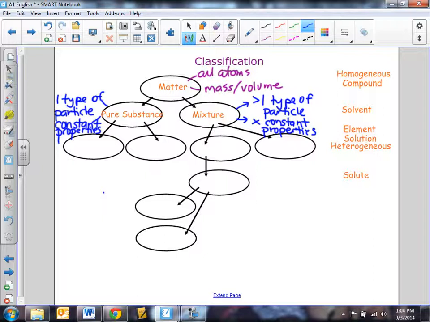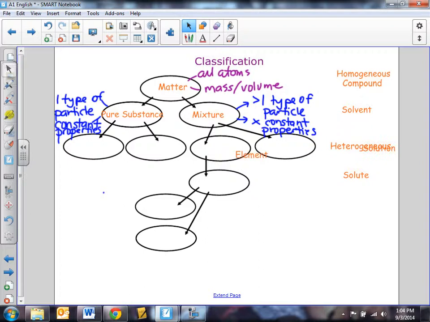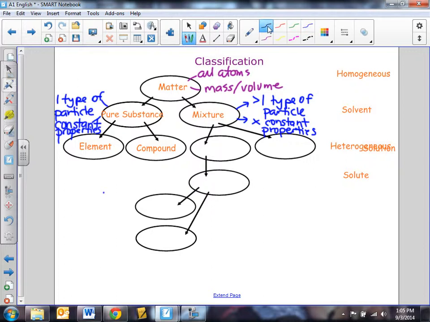So that's the definition or the description for a pure substance and for a mixture. Now we'll do pure substance this side first. Does anybody know which two words that are left in our little list there would go in the category pure substance? Element and compound. Those are the two. So we need to distinguish what is the difference between an element and a compound.